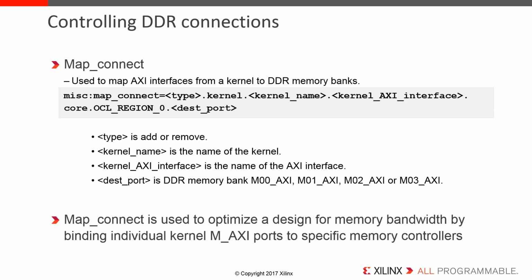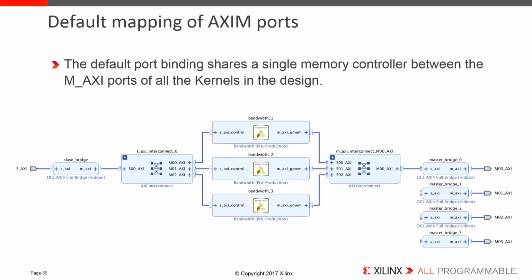controllers. Shown here is an example design with 3 kernels, each of which connect to the global memory through an MXE port. The schematic shows the default binding of the AXI ports on the 3 kernels to a single memory controller. This may work well for some designs where the bandwidth provided by a single memory controller is sufficient to meet the design performance.